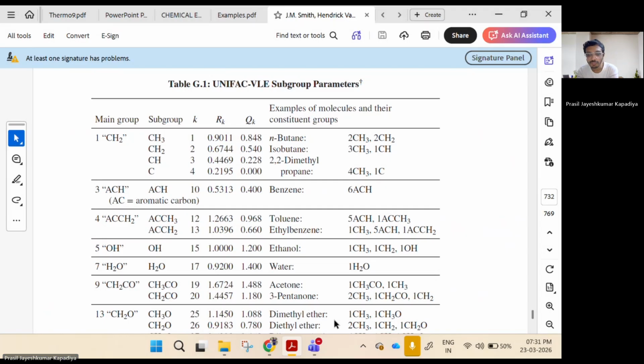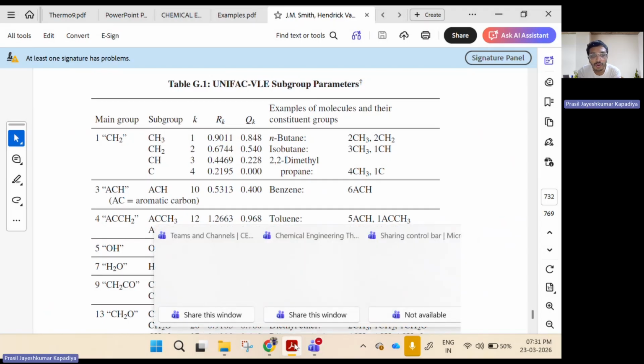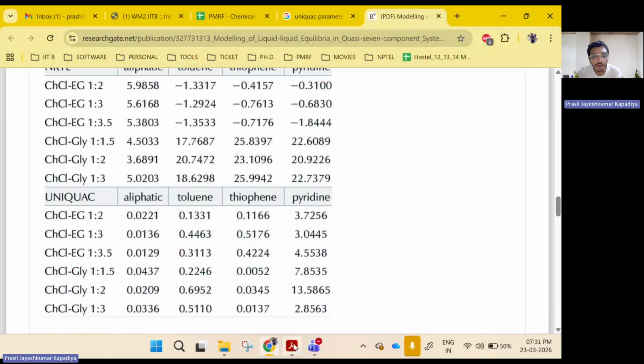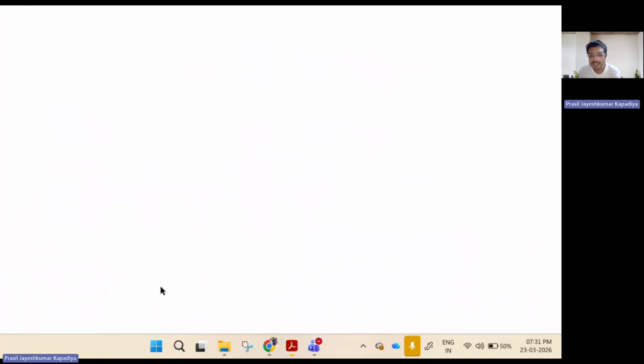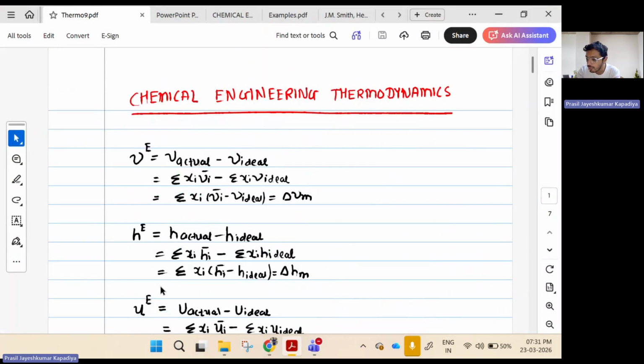So these all things were very complex. So let's try to have a look one more time. What did we do today? Basically with the non-ideality part.